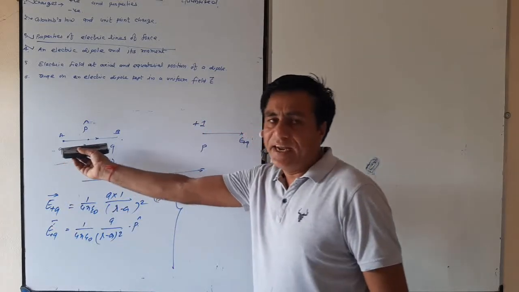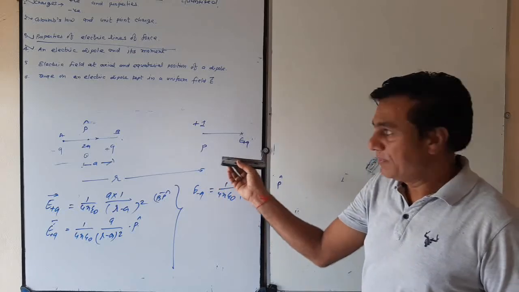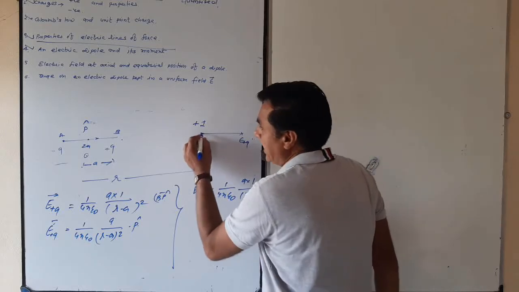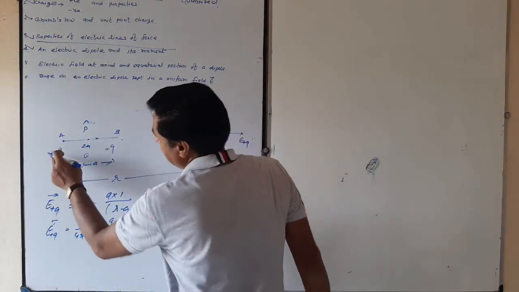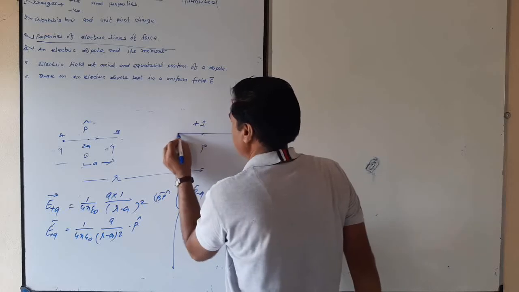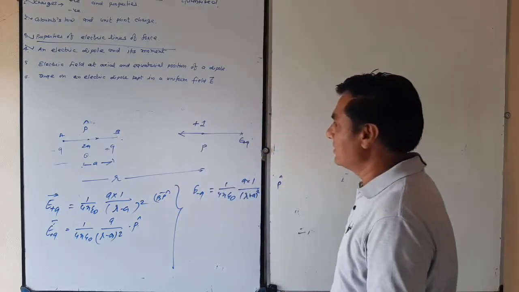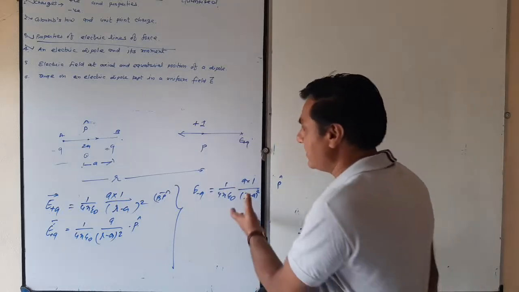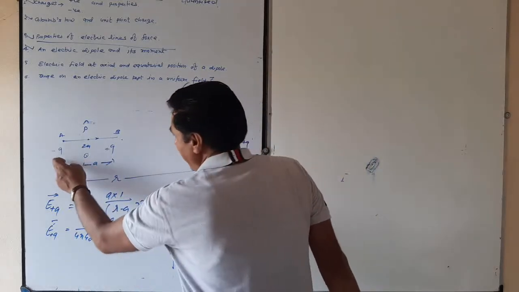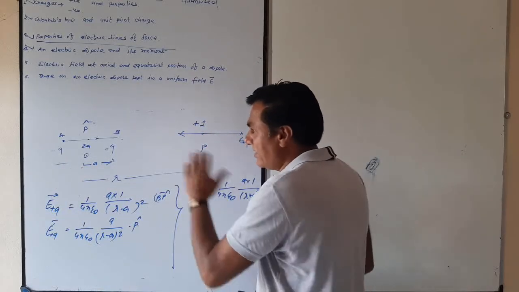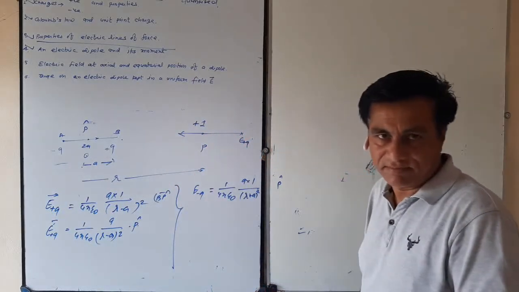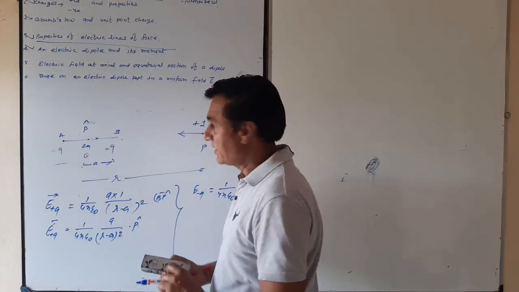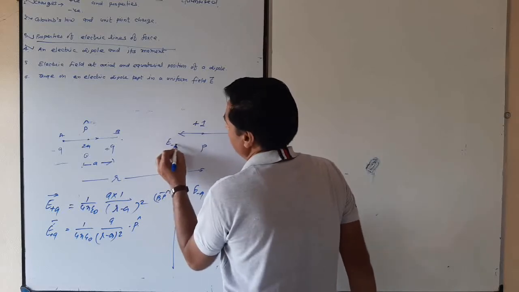P cap is directed from negative to positive of the dipole. Now, the unit point charge is a positive unit point charge. Here it is negative Q, which means an attraction force. I have taken a small arrow, the length of the arrow is less, so the magnitude is less. Why? Because minus Q is unfortunately not near compared to plus Q, which means less attraction force. This is E due to minus Q.